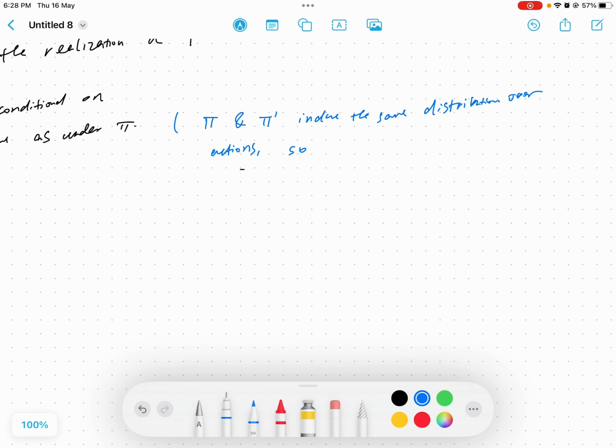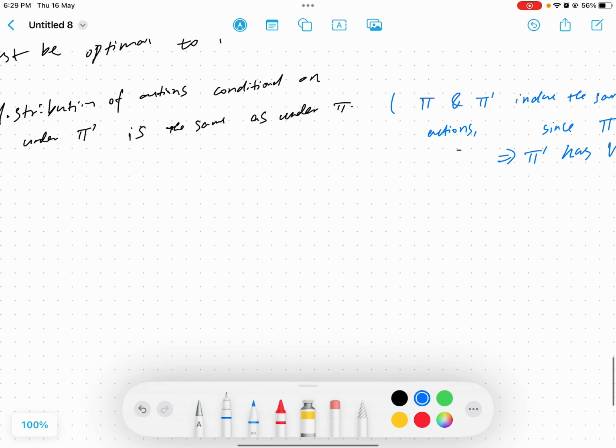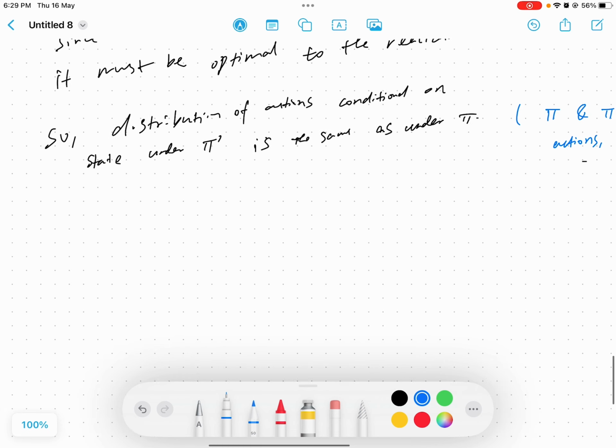Since pi has the value of v star, then it must be that pi prime has a value of v star, right? So pi prime has value of v star. Okay, so that completes the proof of this part.